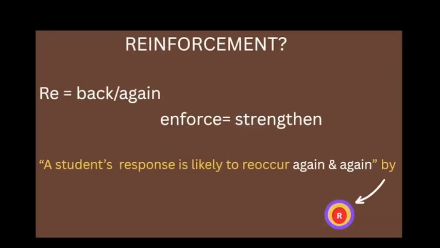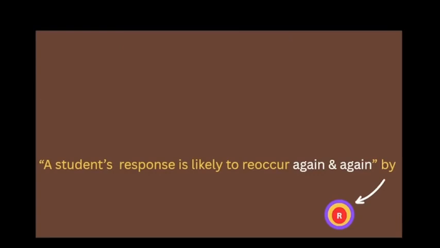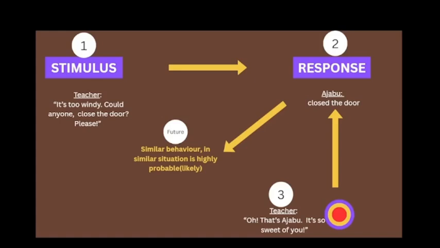Let us assume a situation in which, when the weather is too windy, the teacher is calling the class and asking them to close the door by saying, "It is too windy. Could anyone close the door, please?" Immediately responding to the teacher's request, Ajabu closes the door.